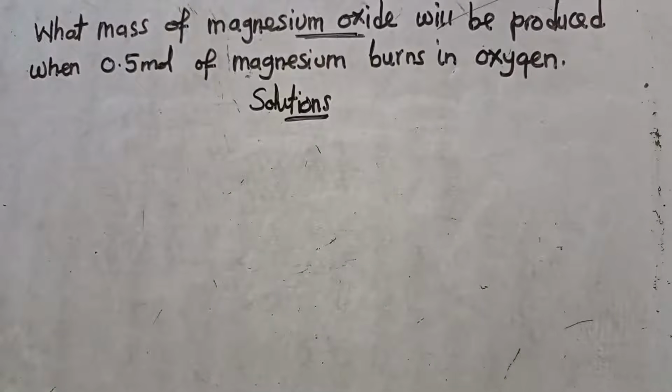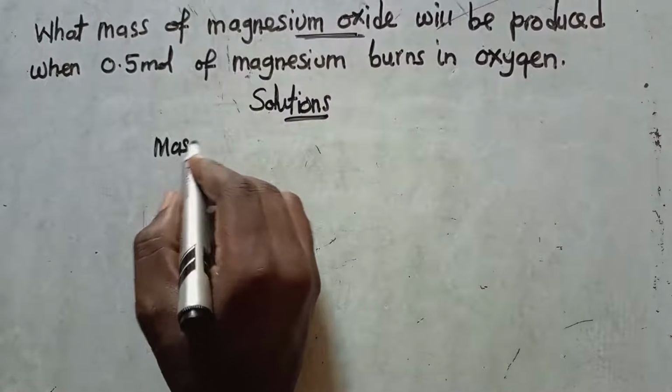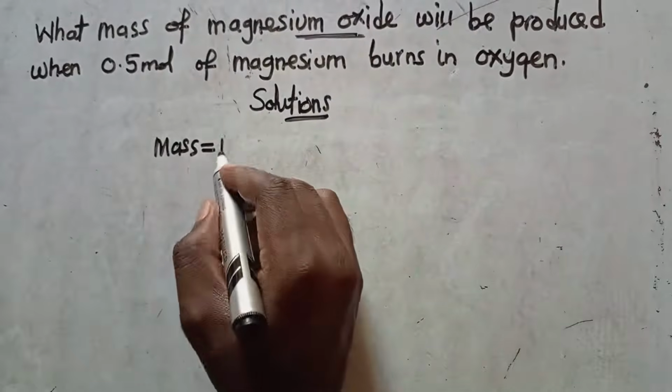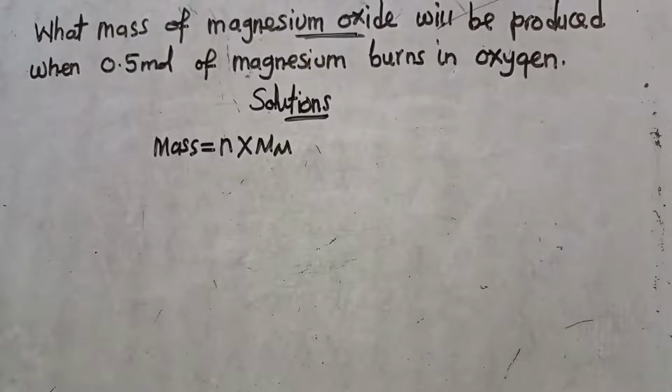But I observed that some of you were just going direct. You just say mass is equal to number of moles times molar mass. This is what some of you were doing. You are not supposed to do this. You only get to do this if they have only mentioned one compound which is not produced or not reacting.